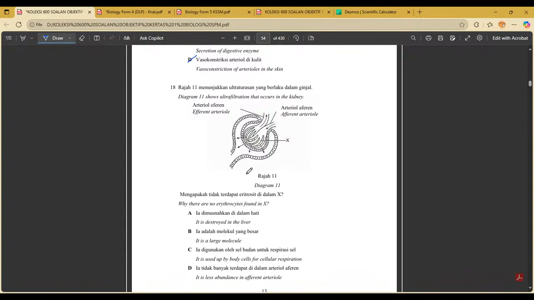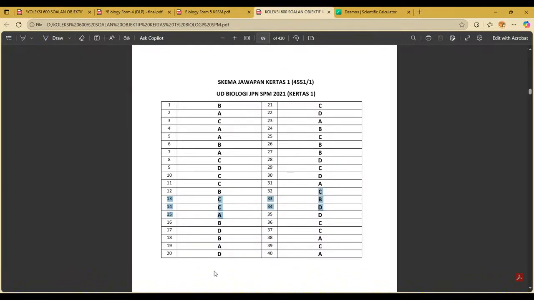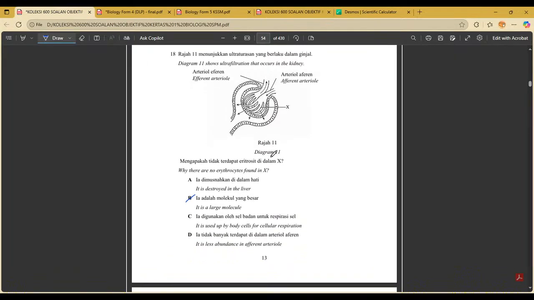Arteriole or afferent artery. Because it's a large molecule, so it's not a molecule, but close enough. 18 B.